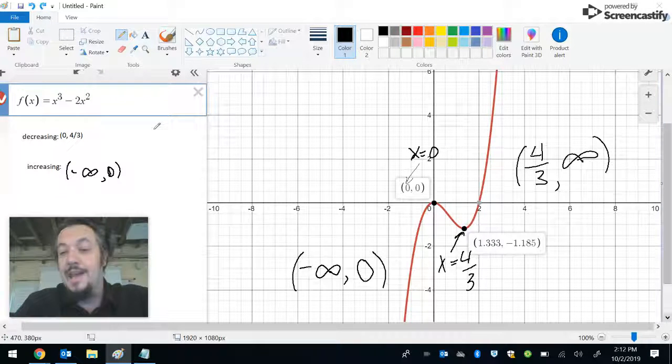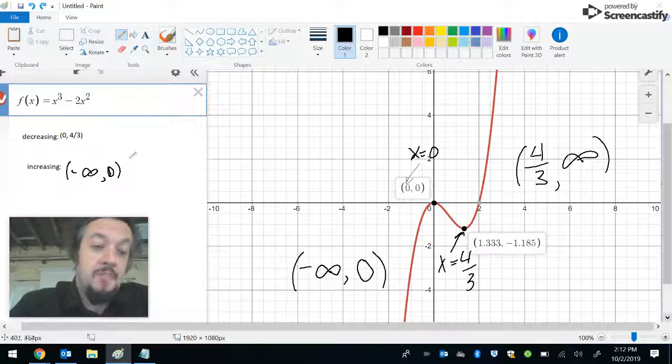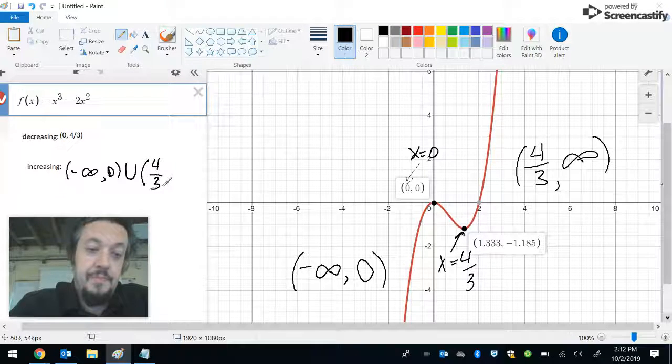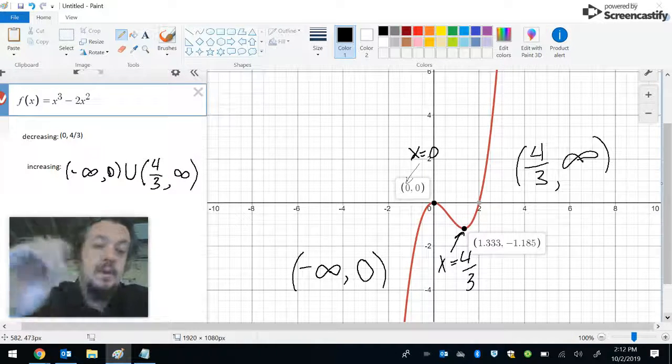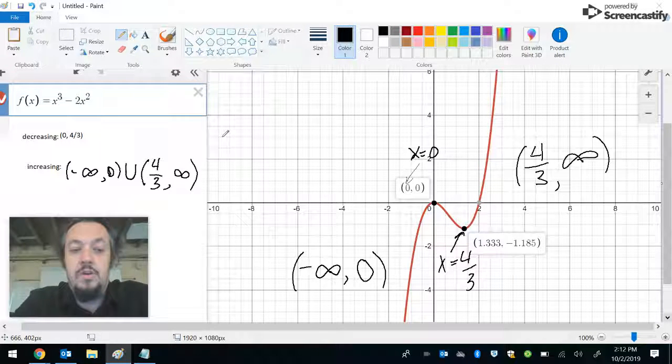Because these have no overlap, but we want to describe the interval over which it's increasing with one statement, we can say that it's increasing from negative infinity to 0, as well as, and we're going to use the U for union, from 4/3 to infinity.